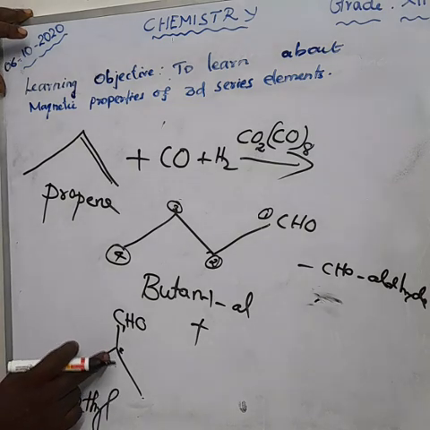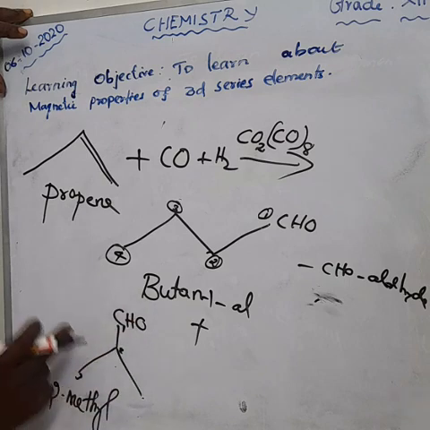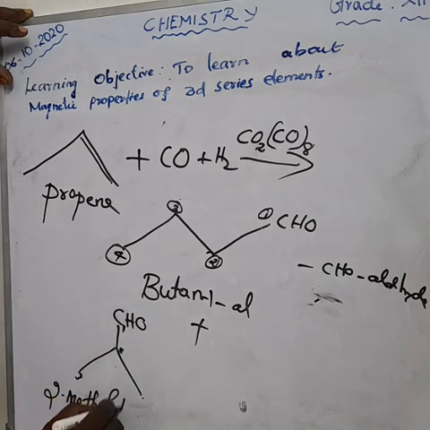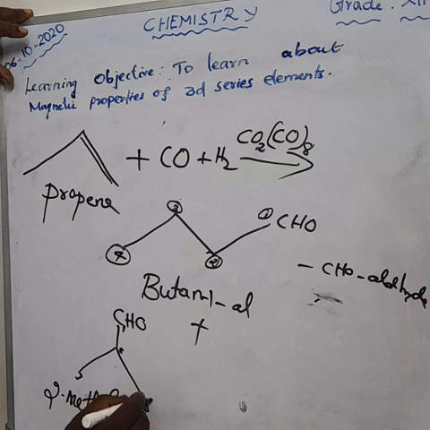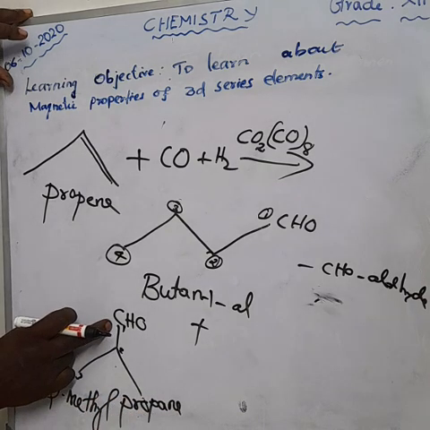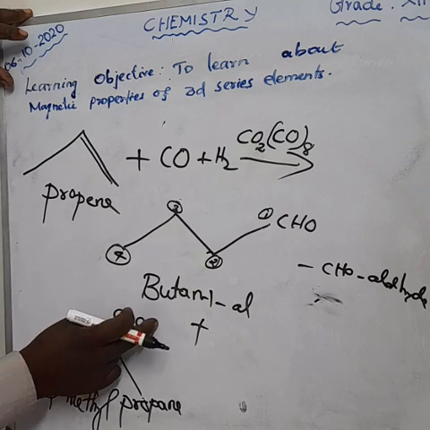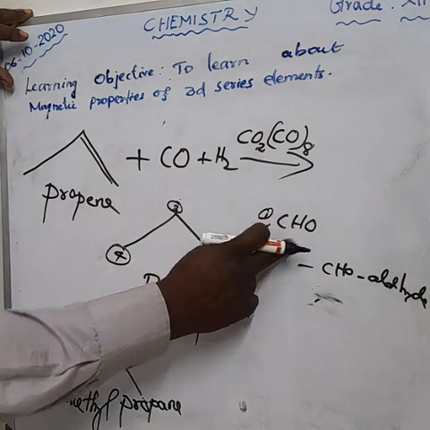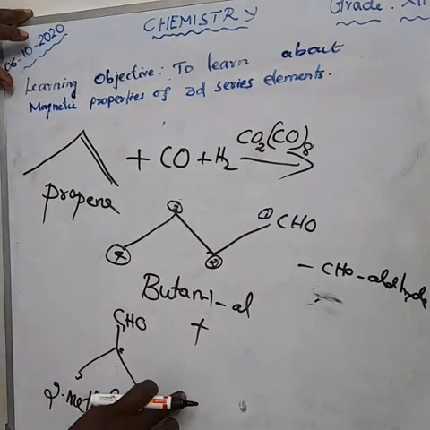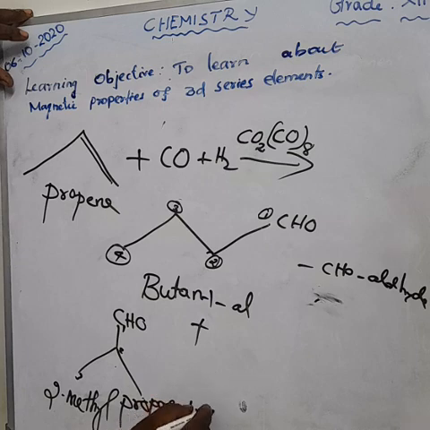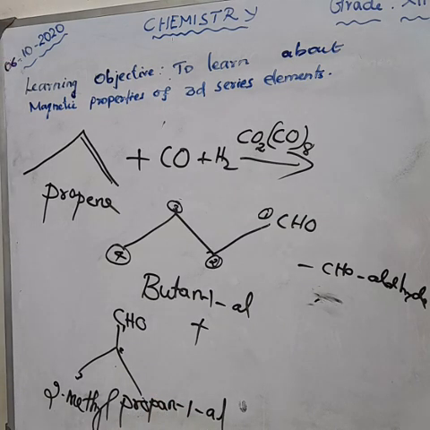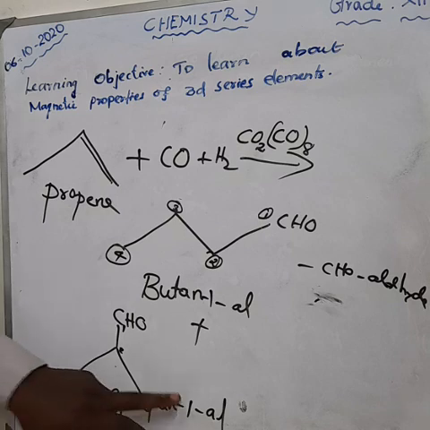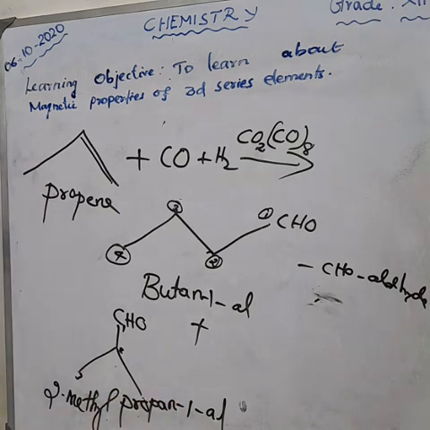Number of carbons: 1, 2, 3, so 3 carbons. We say propane, and the first carbon has the aldehyde group, so the E is dropped: 1-al. So the name of this compound is 2-methylpropan-1-al.